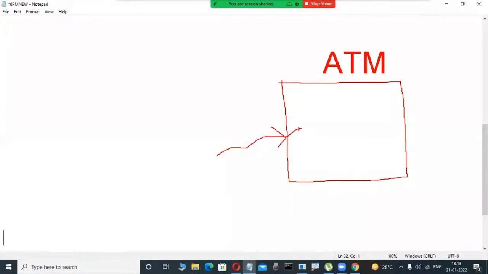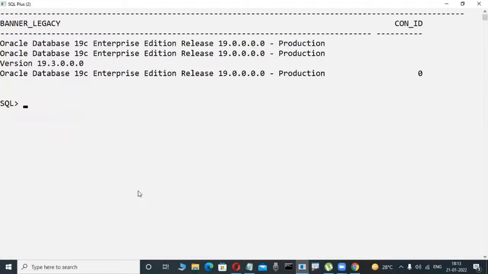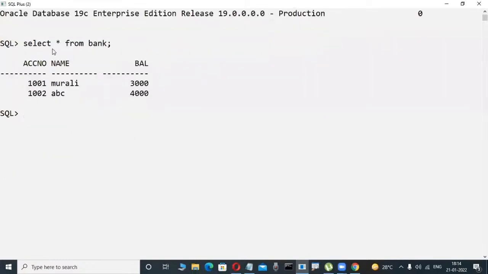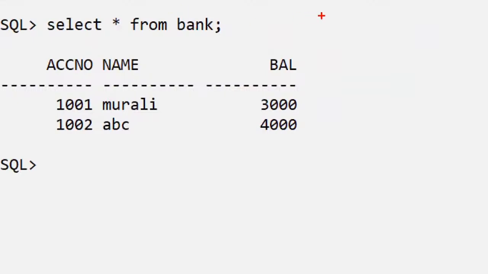Some transactions we perform, money transfer is also possible. Now check it out, slowly observe the screen. Suppose in this database, a bank is a table, for example. Just observe the scenario, it is very easy to understand. This is a bank table, and in a table format we store the data.